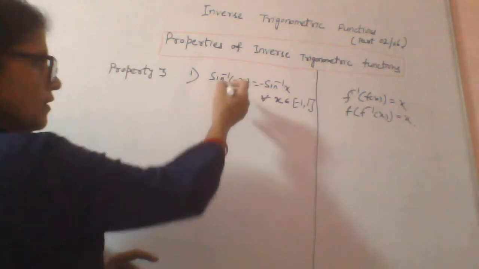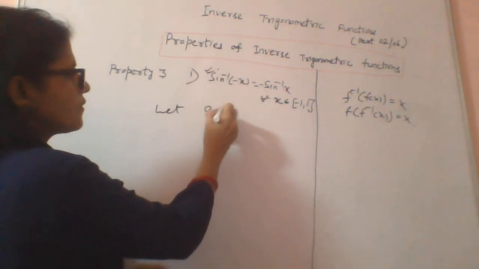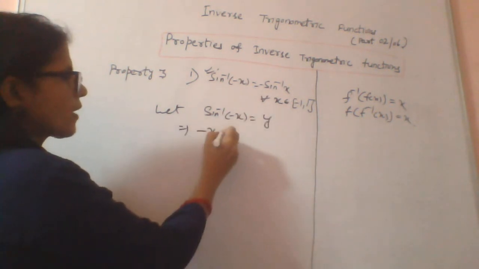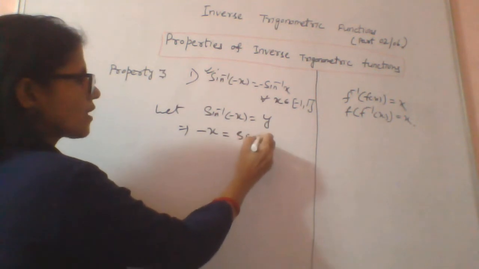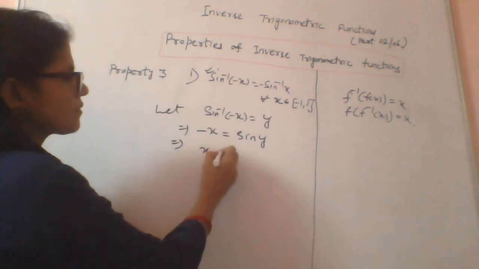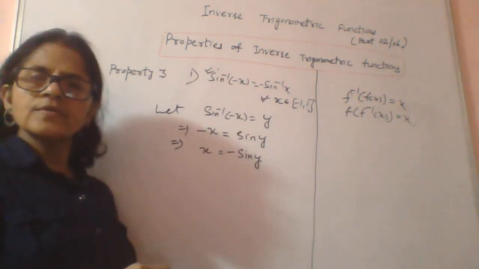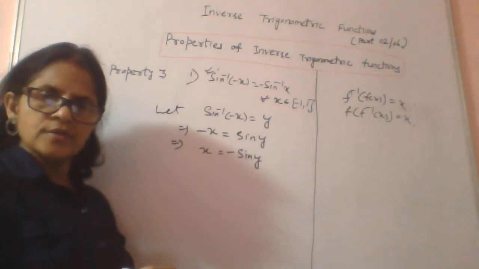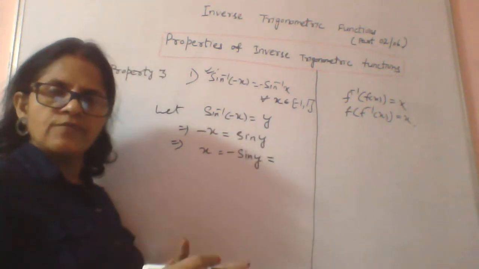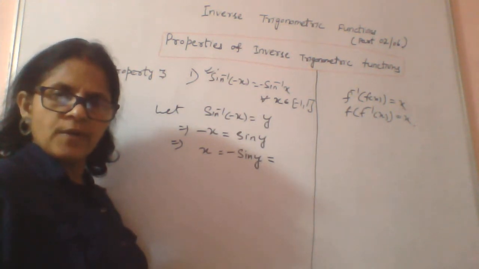First, let sin inverse minus x equal to y. This implies minus x equal to sin y. So this implies x equal to minus sin y, and sin of minus theta equals minus sin theta, and also the principal value branch of sin inverse is the closed interval minus pi by 2 to pi by 2.